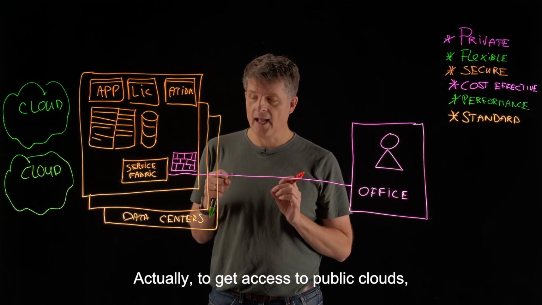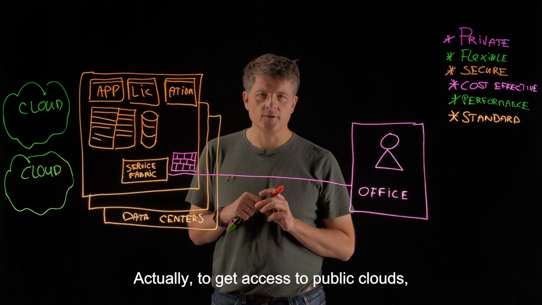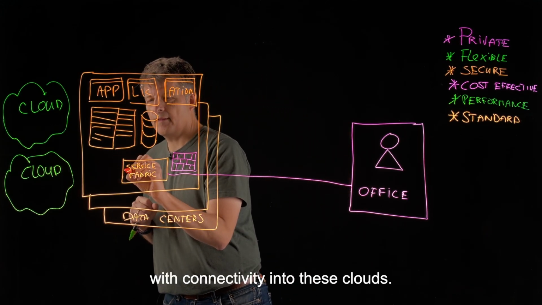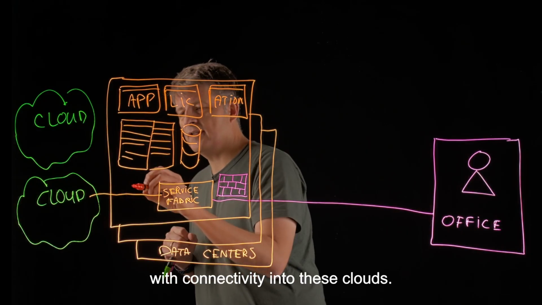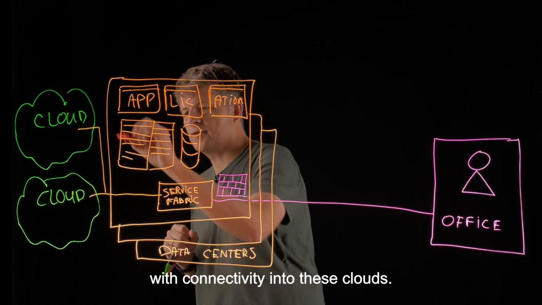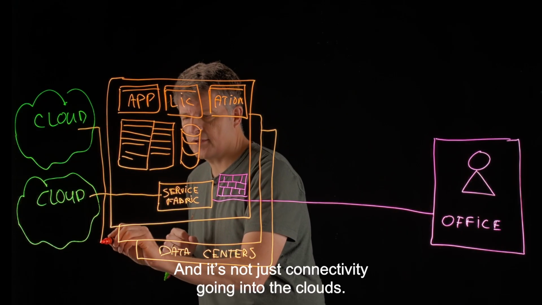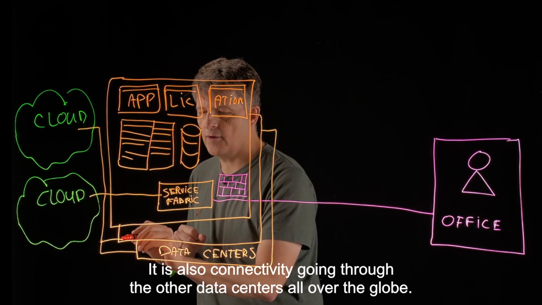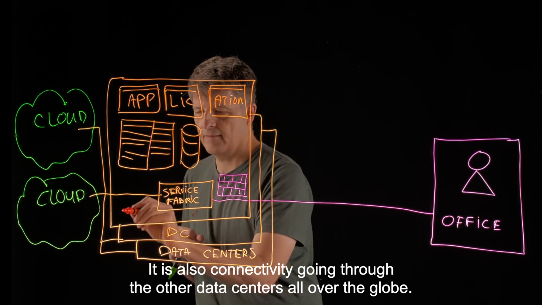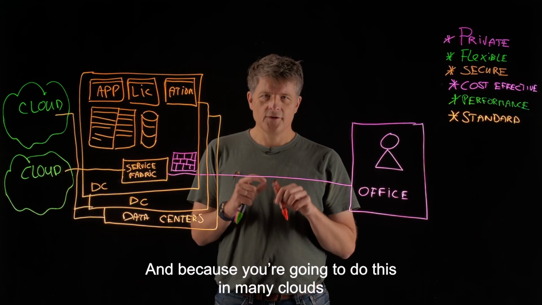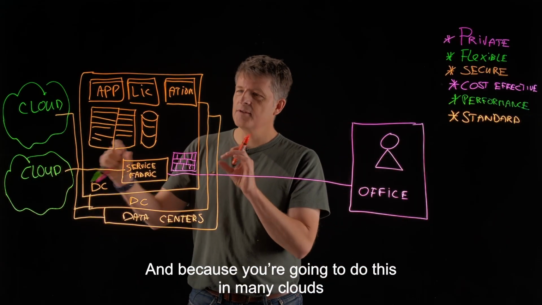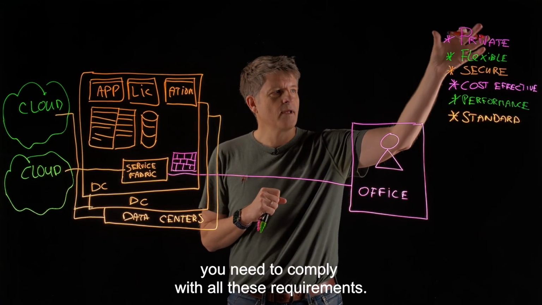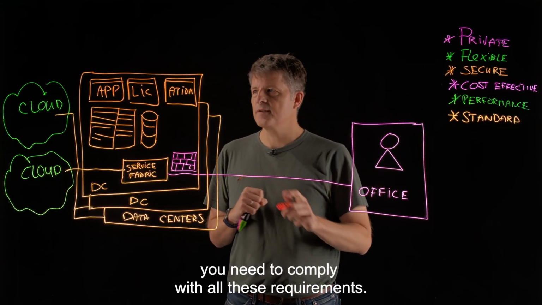Actually, to get access to public clouds, you have to go through co-location data centers with connectivity into these clouds. And it's not just connectivity going into the clouds, it's also connectivity going to the other data centers all over the globe. And because you're going to do this in many clouds and in many data centers all over the globe, you need to comply with all these requirements.